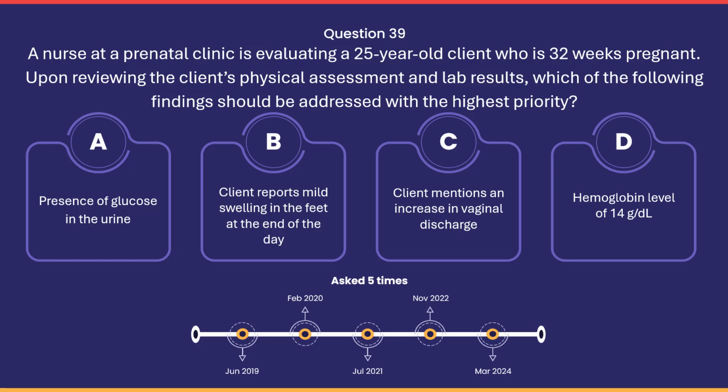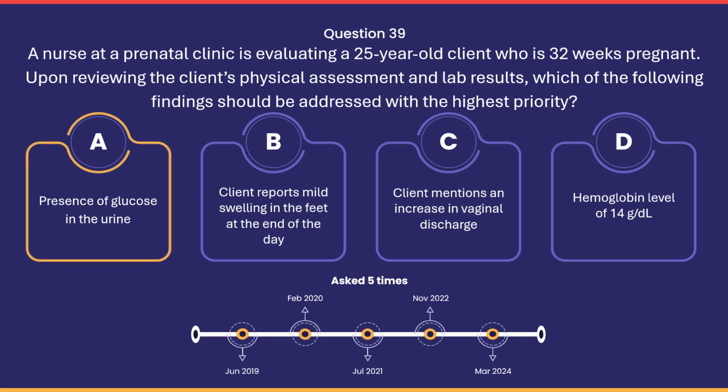A. Presence of glucose in the urine. B. Client reports mild swelling in the feet at the end of the day. C. Client mentions an increase in vaginal discharge. D. Hemoglobin level of 14 grams per deciliter. The correct answer is A.